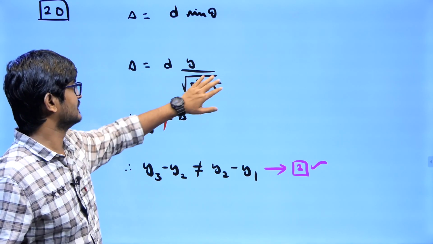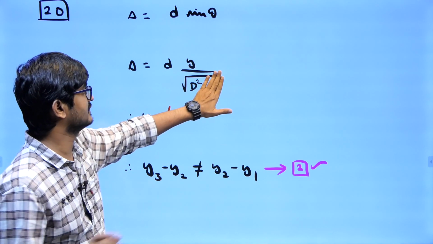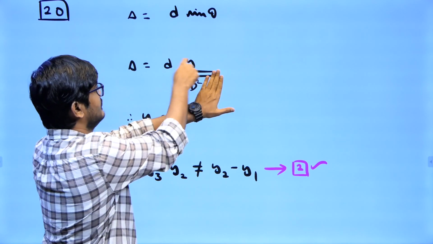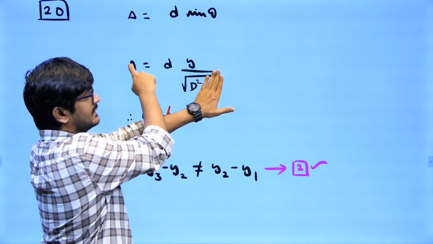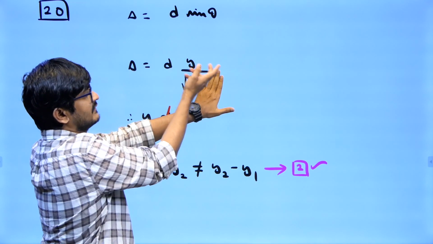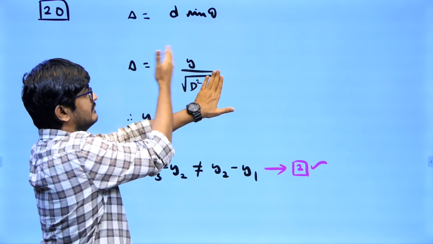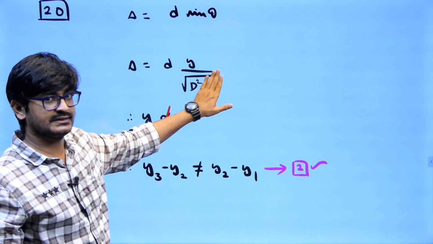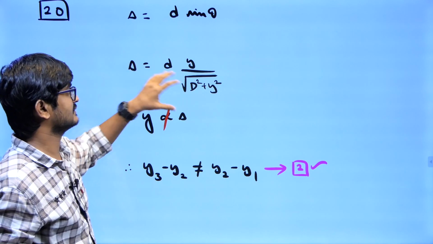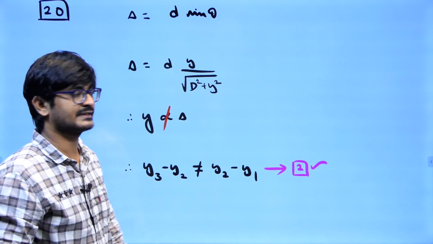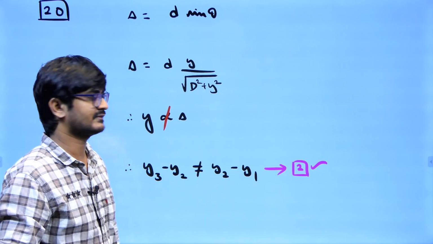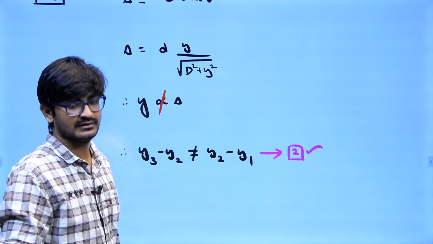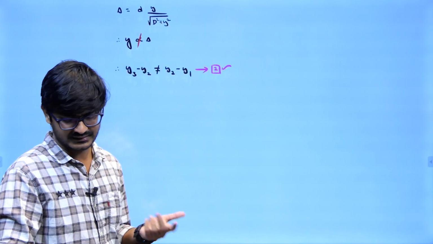If this term was not there, then y is proportional to delta. So y2 minus y1 will turn out to be 2 lambda minus 1 lambda, and y3 minus y2 will turn out to be 3 lambda minus 2 lambda, where the fringe width is the same. But in this particular case, where we are not looking in the surroundings of the central bright fringe, it is not proportional to path difference. So it won't turn out to be an equal fringe width. That you can see in many ways, whatever it is.